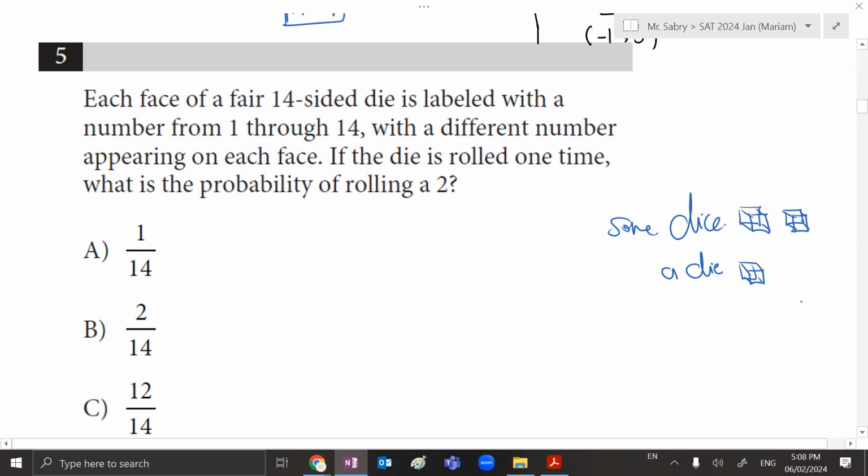Okay. So a 14-sided die means it's a die, but it's not a cube with 6 faces. It's 14-sided. What does 14-sided mean? It has 14 sides. 14 faces, right? But I have a guess. Let's say it's more than one die, so there are 6 per die, so then we multiply.